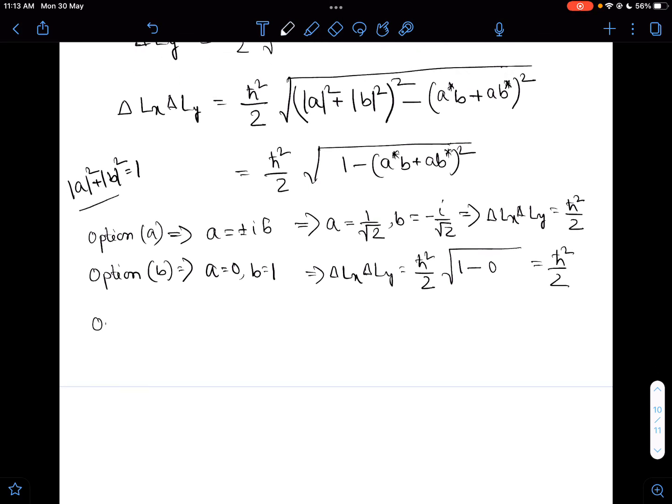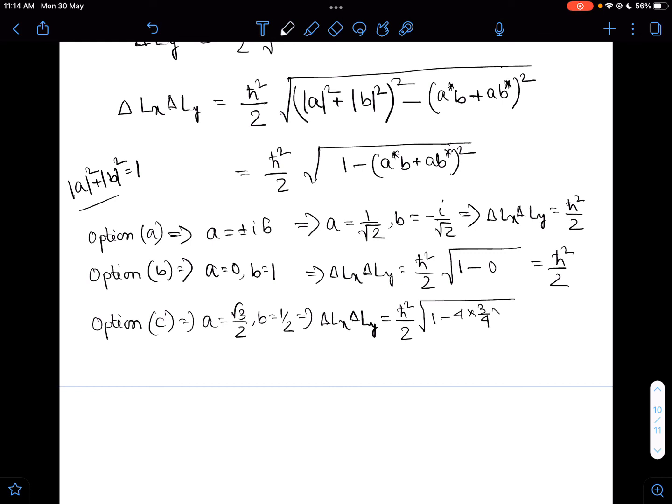Similarly, check for option C. For option C, we have a as root 3 by 2 and b as half. For this state, the ΔLx ΔLy product will be ħ²/2 times the square root of (1 minus 4a²b²). It will be 1 minus 3/4, so it will be half, so ħ²/4.